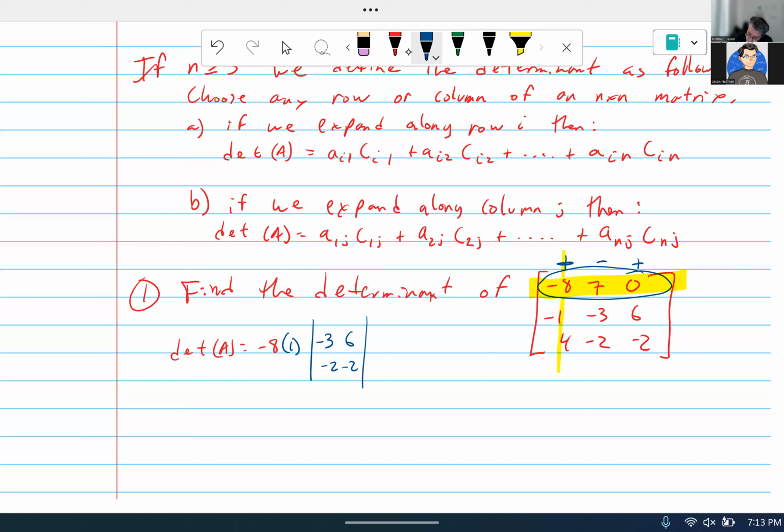Remember it's a signed minor, so this is plus 7 times -1, because it's a signed minor, times the determinant.